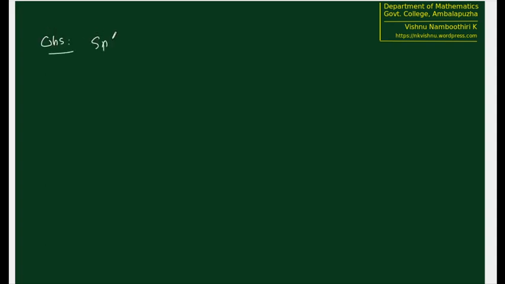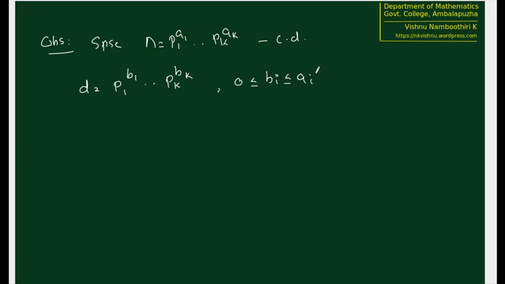Suppose that n has the canonical decomposition n equal to p1 raised to a1 etc. pk raised to ak. Every divisor will be of the form p1 raised to b1 etc. pk raised to bk, with the condition that 0 less than or equal to bi less than or equal to ai.